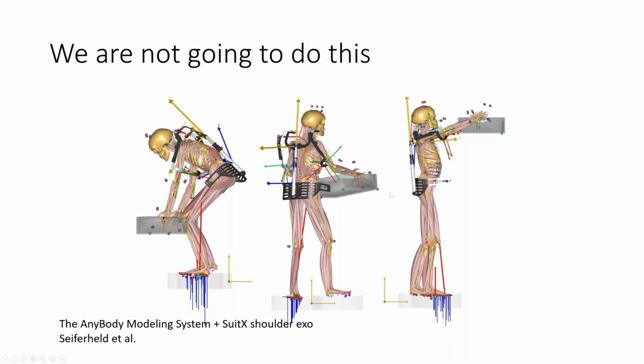You can see here a suit exoskeleton, which is of course a product that you can buy and which is already designed in all details. You can add an exoskeleton like that to the body and you can investigate its effects. But that's not what we're going to do today. We're going to start from the beginning, from scratch, and try to do conceptual design of exoskeletons instead.